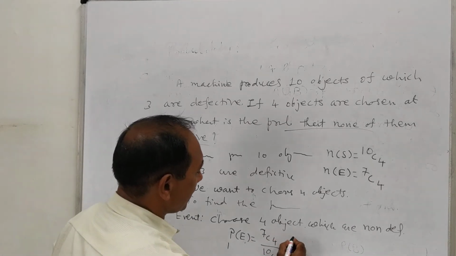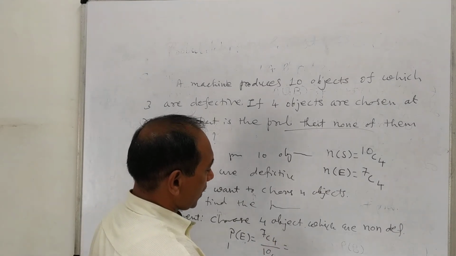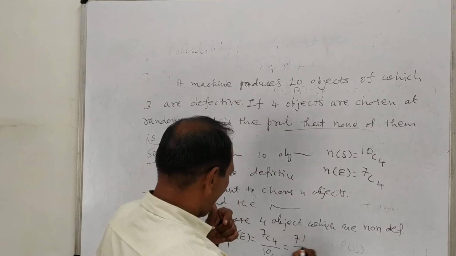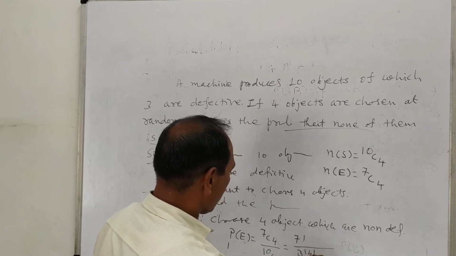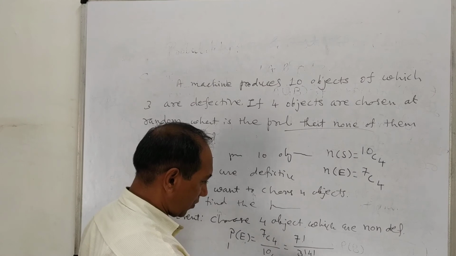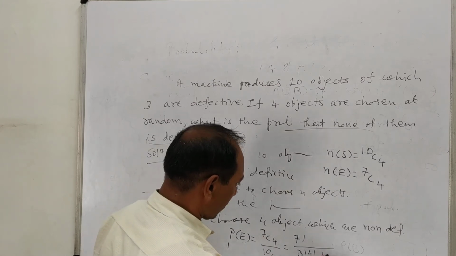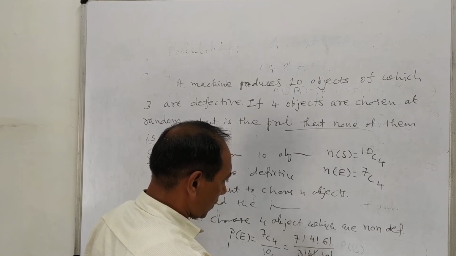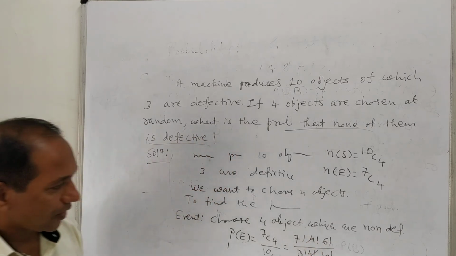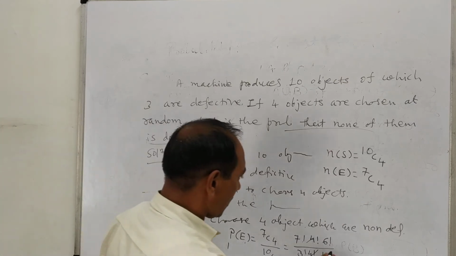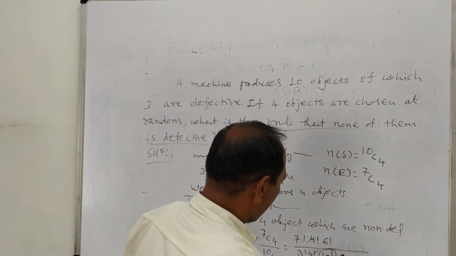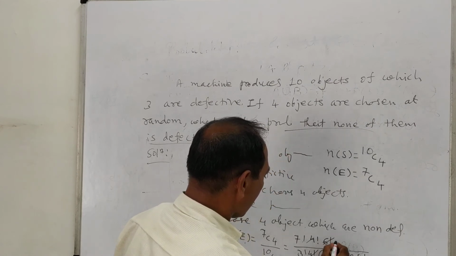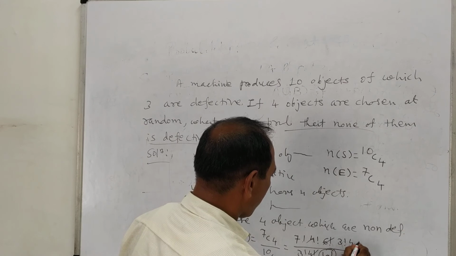And we can solve this very easily. 7C4 can be written as 7 factorial upon 3 factorial into 4 factorial, since 7 minus 4 means 3 factorial. And 10C4 means 10 factorial upon 4 factorial into 6 factorial. The rest of the work you can do very easily, because 10 factorial can be written as 7 factorial into 8 into 9 into 10, and 6 factorial you can write as 3 factorial into 4 into 5 into 6.